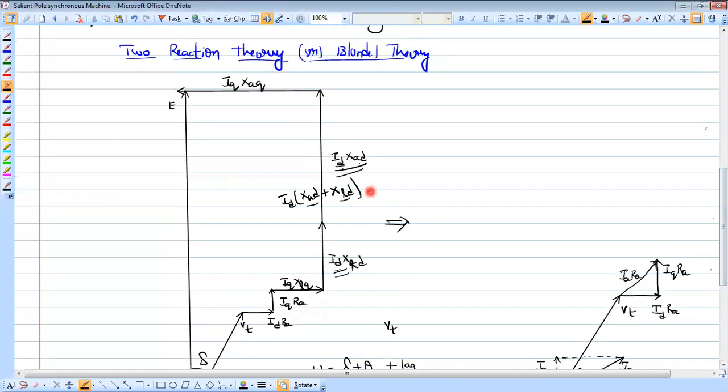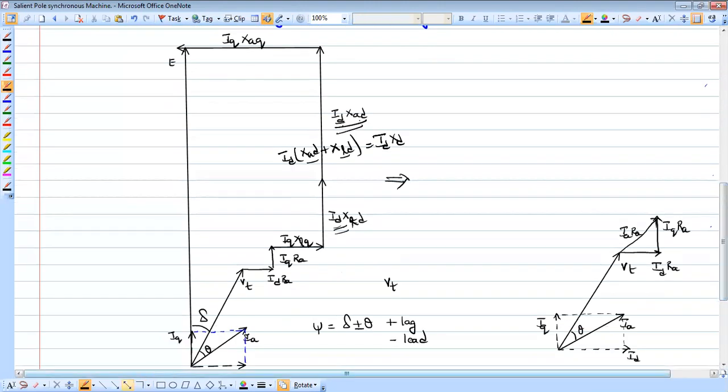So I can represent this with ID into XD, the total vertical phasor. So this will be our ID into XD.